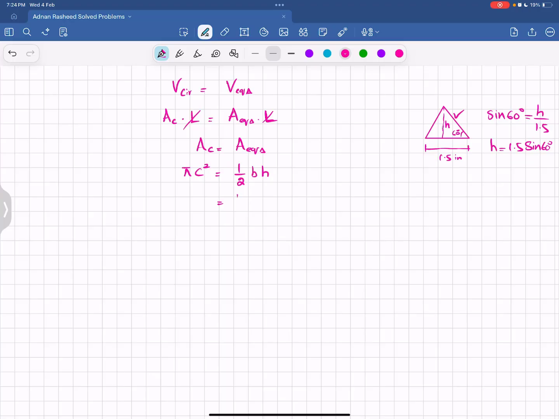So put the value: 1 over 2, b is 1.5 and h is 1.5 times sine of 60 degree, is equal to pi c square. So we are in need of c, so c square is equal to 1 by 2 into 1.5 square into sine of 60 degree divided by pi.